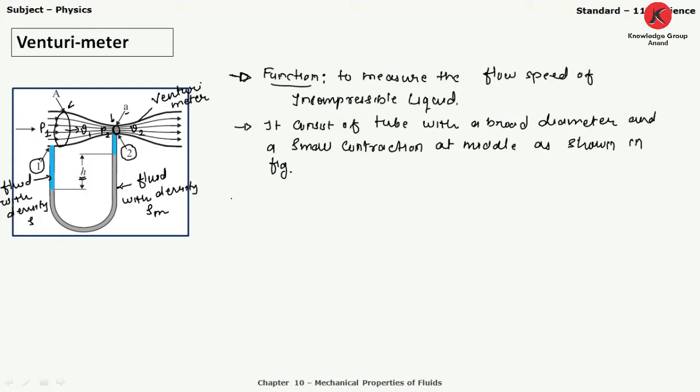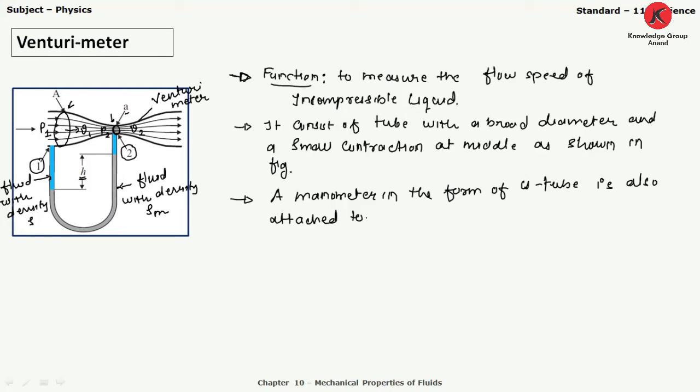Now a manometer in the form of U-tube is also attached to it.